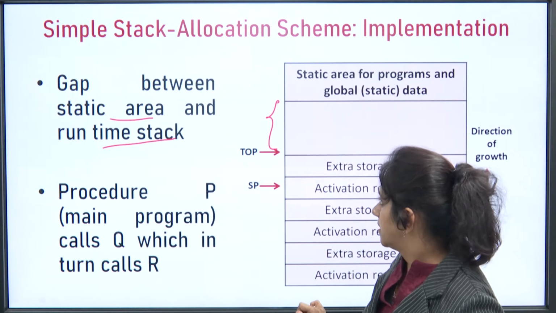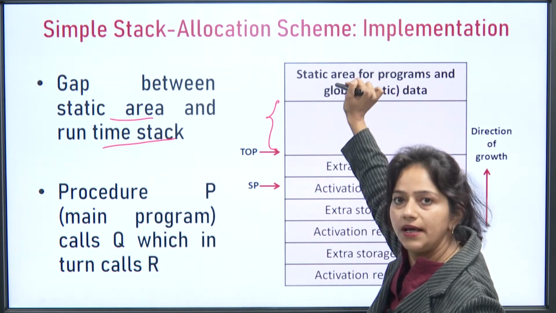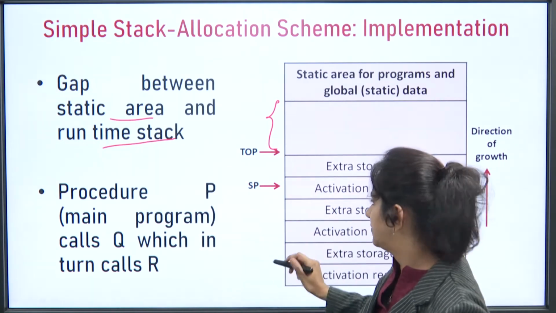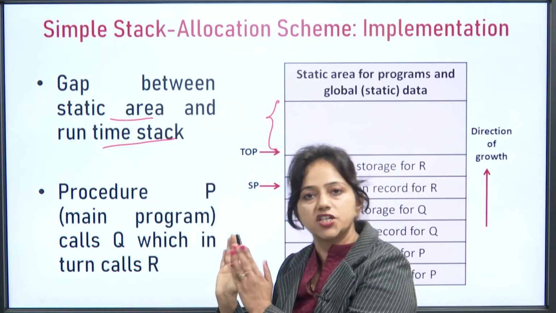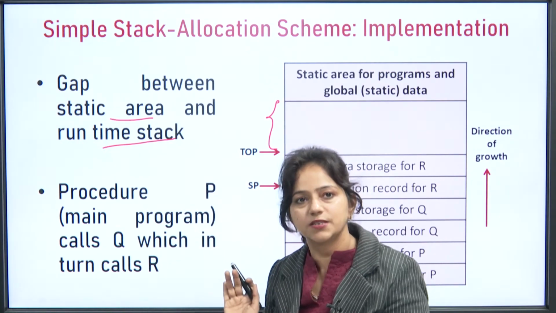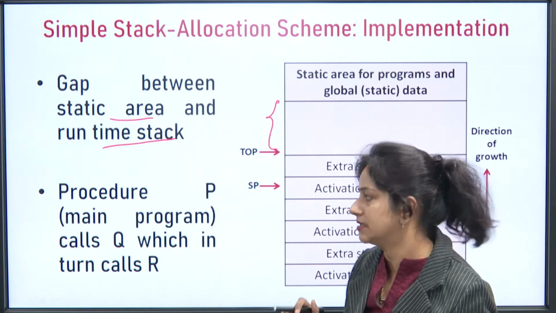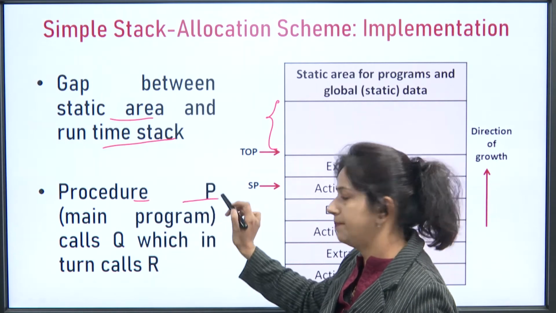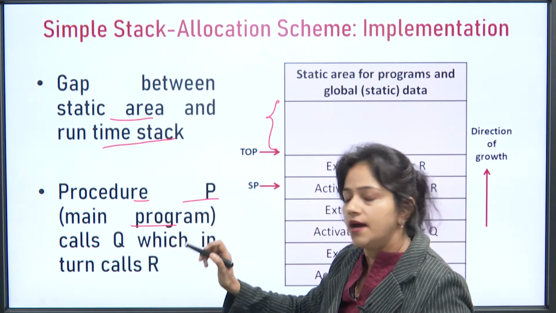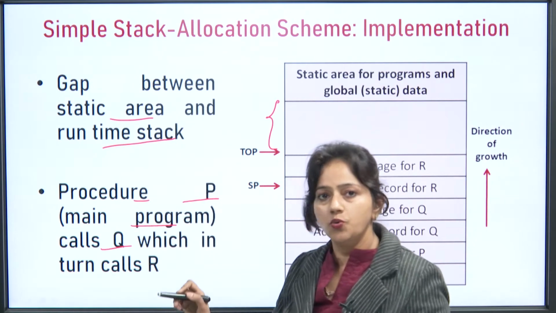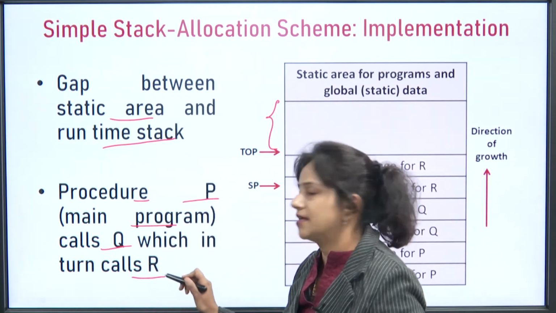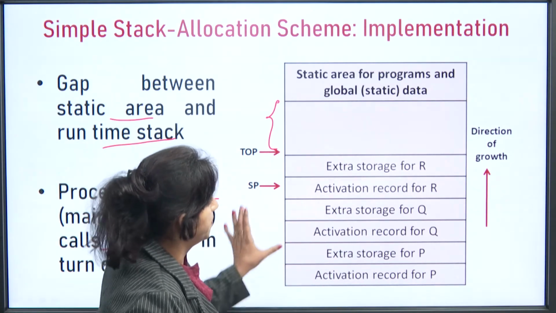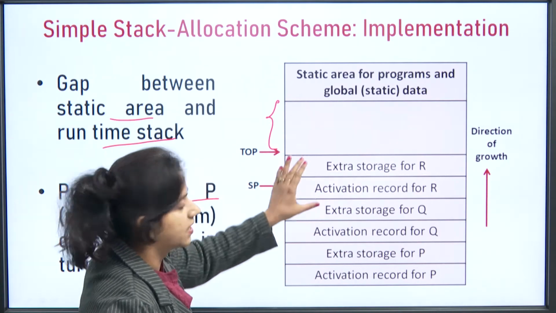Now, here we have the space for global or static data, and next to it in the runtime stack we have the activation records and extra storage space for the various procedures. What we are assuming here is that we have procedure P, that is our main program. It is calling procedure Q, which in turn is calling procedure R. So, P will be at the bottom, then above it we will have Q. Now, Q is calling R, so it will come over here.